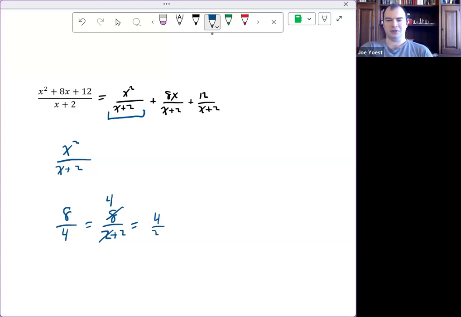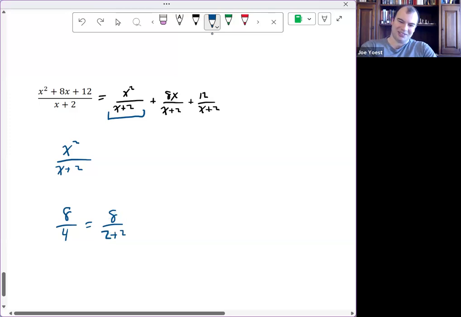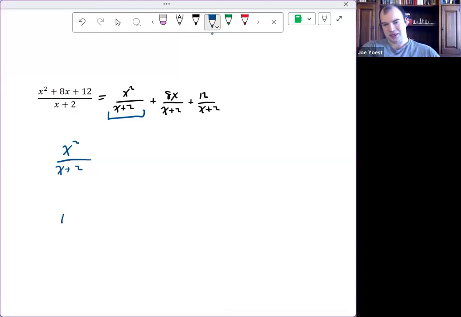It actually does work out in this case, annoyingly, because I chose a bad example off the top of my head. But let's make this 12 over 6. If I make this 12 over 4 plus 2 and try to divide out and say 4 goes into 12 3 times, is this 3 halves?